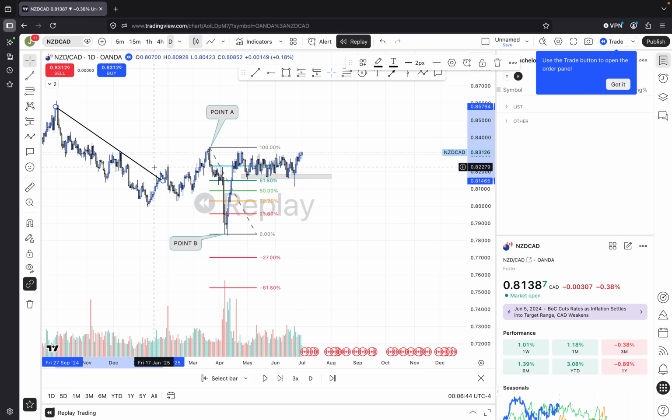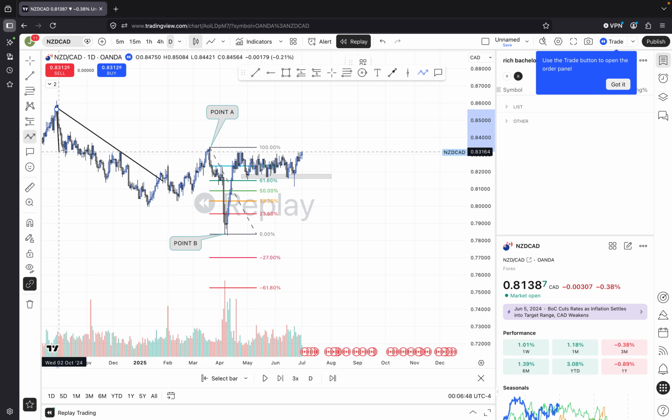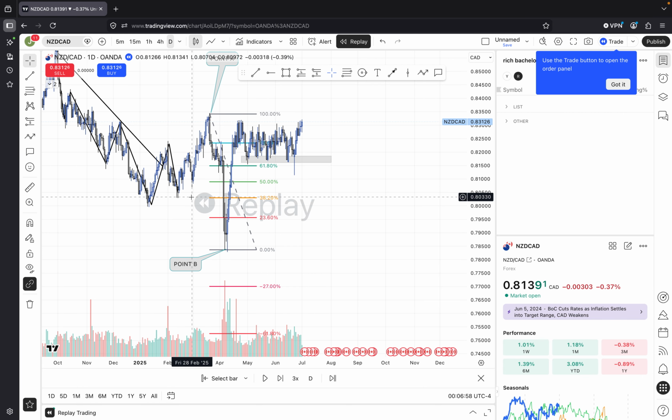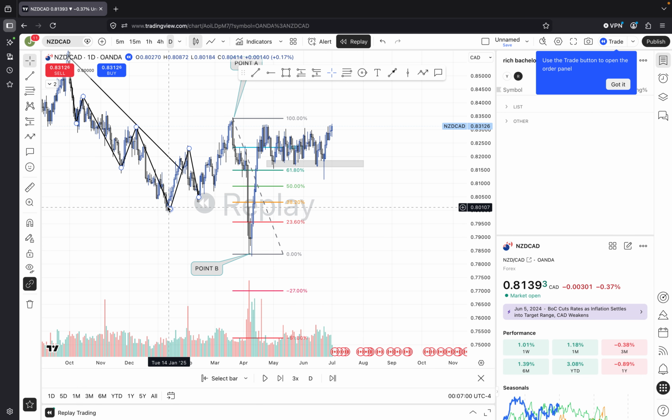This is a higher low. Why? Because price went here, here, here, here. Last time I checked, in a downtrend we have lower highs and lower lows. This low is not lower than this low.